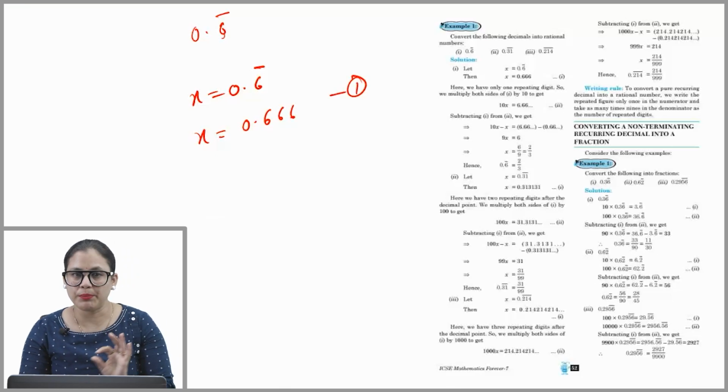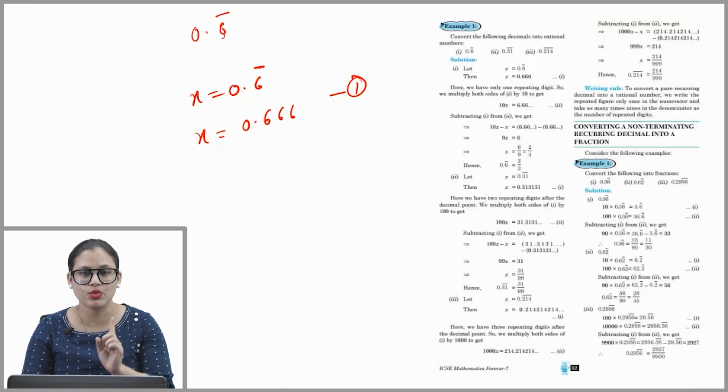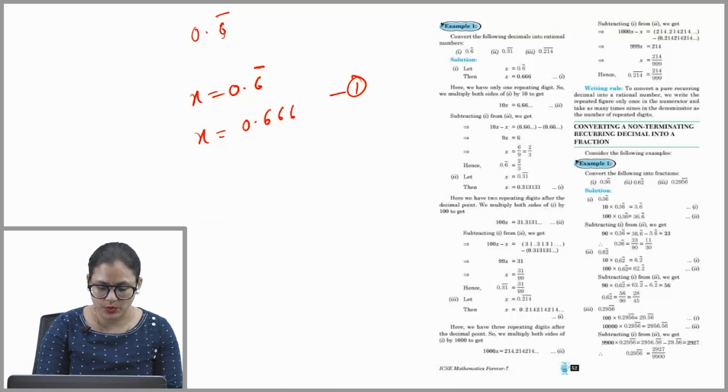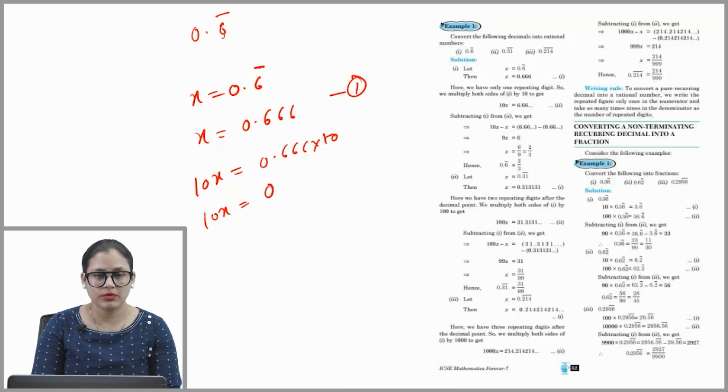Here we have only one repeating digit, so we multiply both sides by 10. So 10x is equal to, if you multiply this by 10, what will you get? Not 0, because the decimal will shift here: 6.66. This is equation 2.